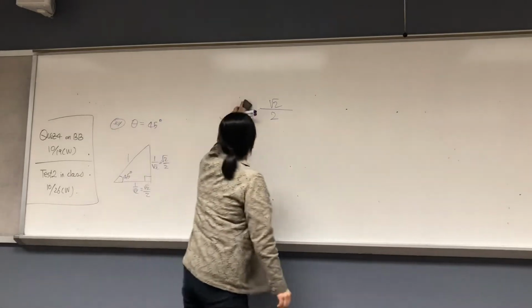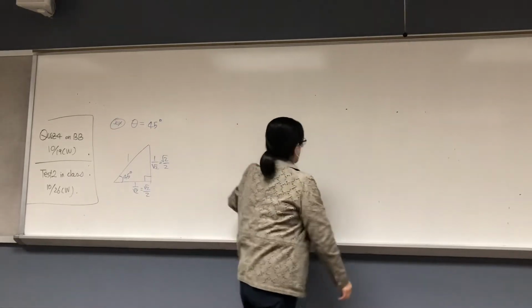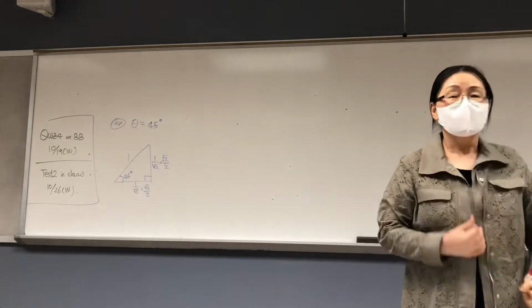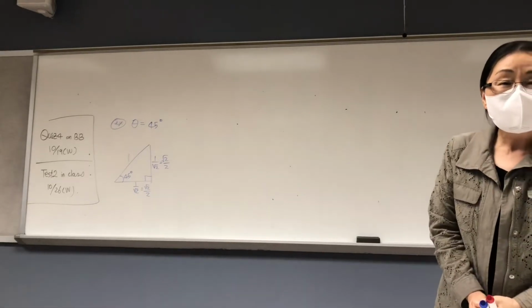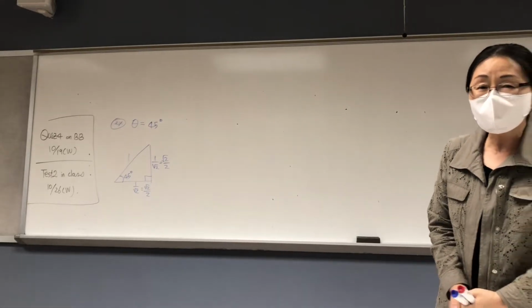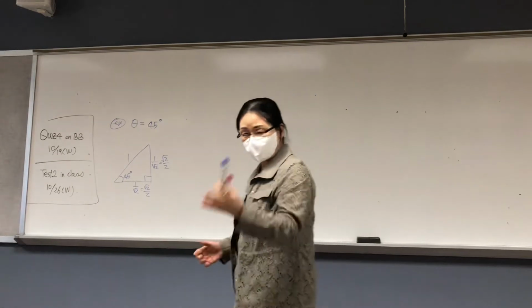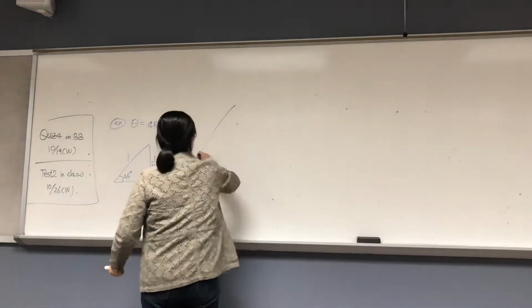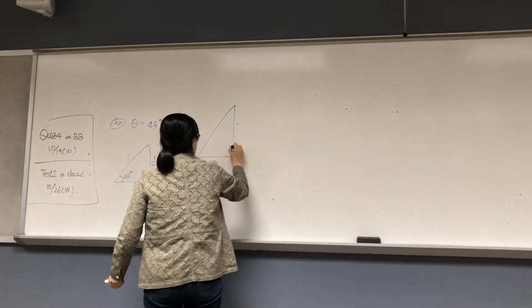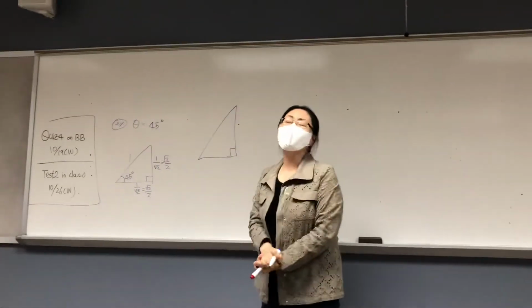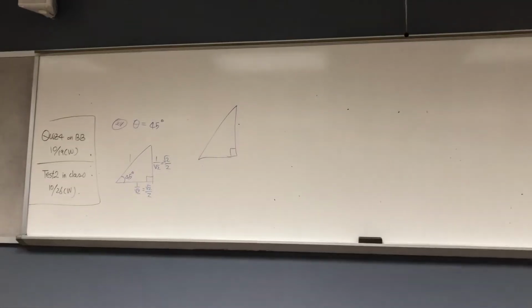Can I ask a question? Yes. Can you do an example of finding x and y of a double triangle? You were doing it last week. I see, one of the exercise problems you talked about.